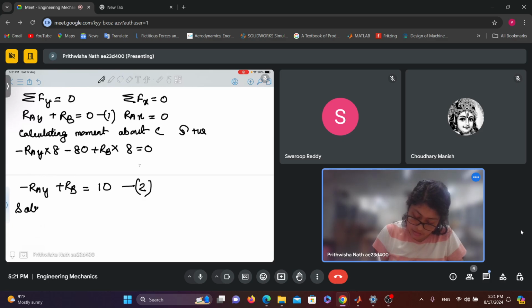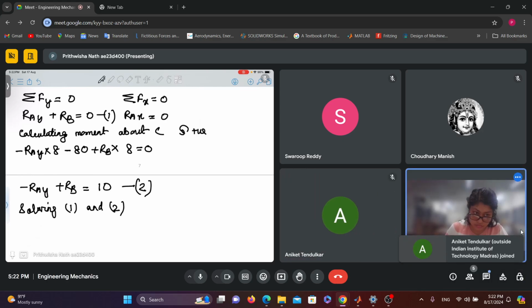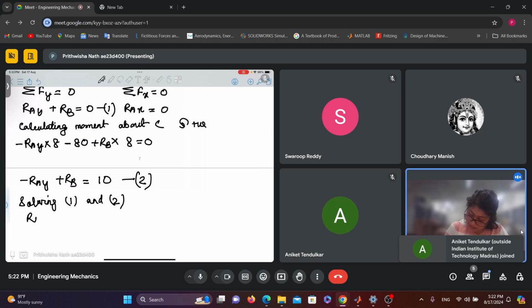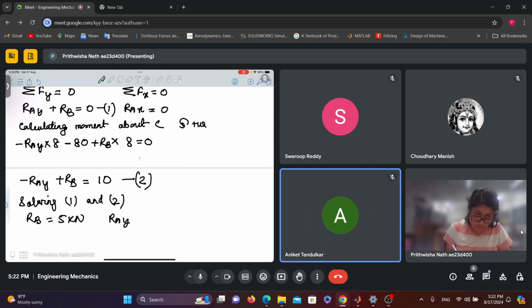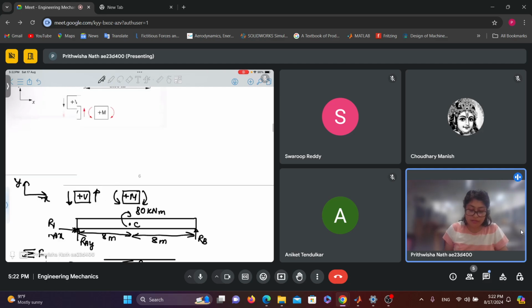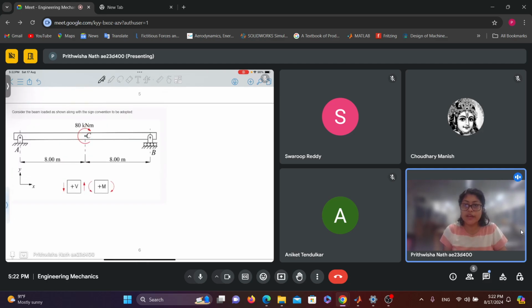Now solving 1 and 2, we get RB equals 5 kilonewton and RAY is minus 5 kilonewton. So this is the problem which we are solving.